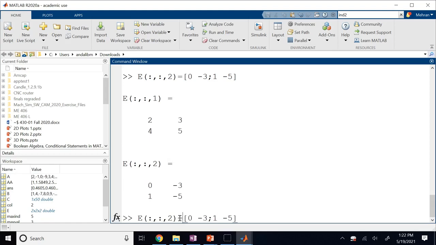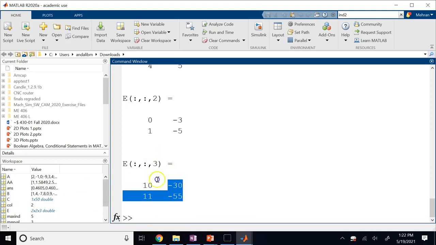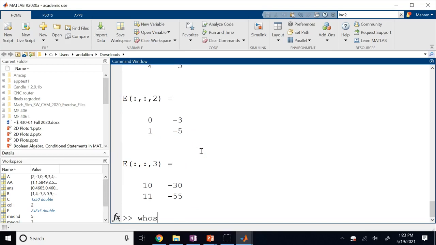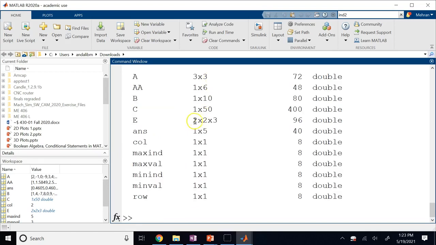And then the third page of that third dimension is 10, -30, 11, and 55. Now, if you look at the dimension of E, it's 2 by 2 by 3 because it has 3 pages. Each page of it is a 2 by 2 matrix. Okay? You can see that here.